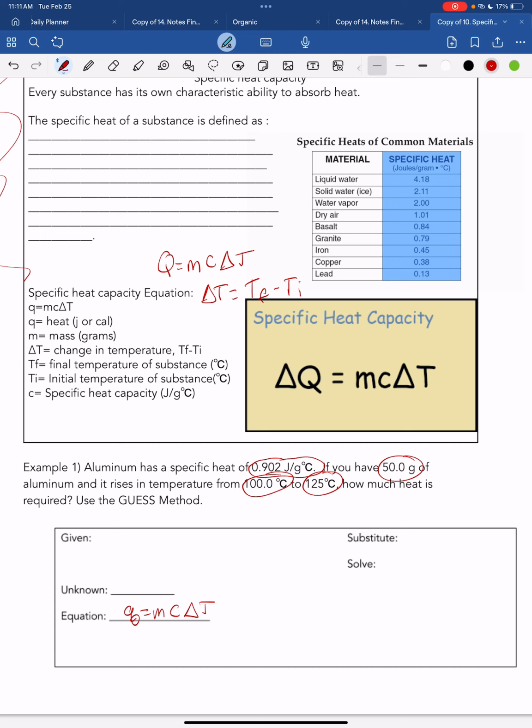So we're given the specific heat, which is 0.902 joules per gram degree Celsius. Here are all the units. If you want, that'll help you figure out what is in the problem. So this joules per gram degree Celsius is our C, our specific heat capacity. 50 grams, grams is our mass.